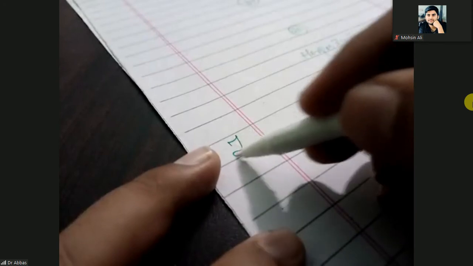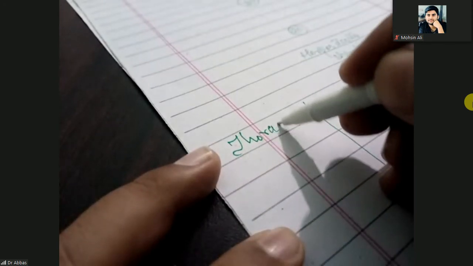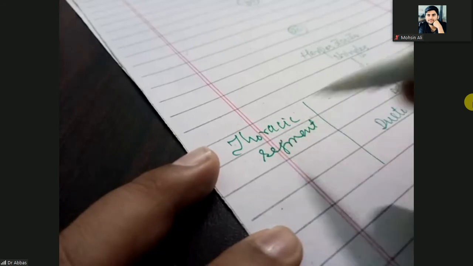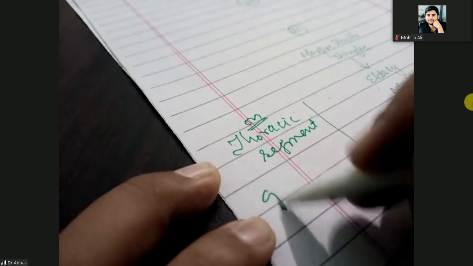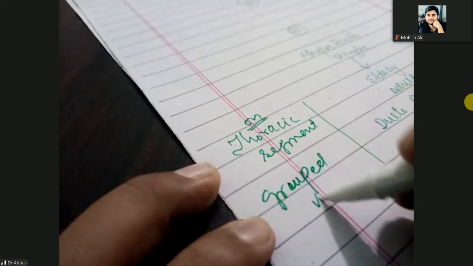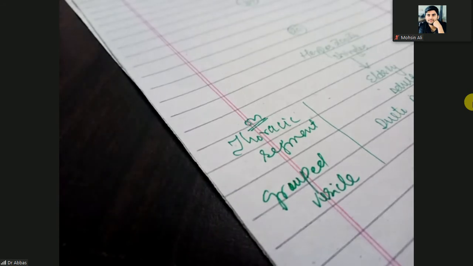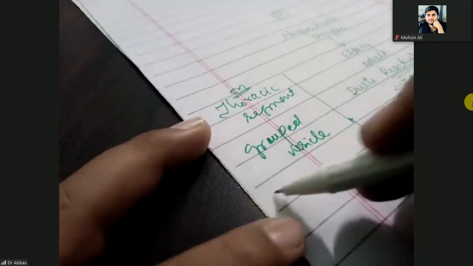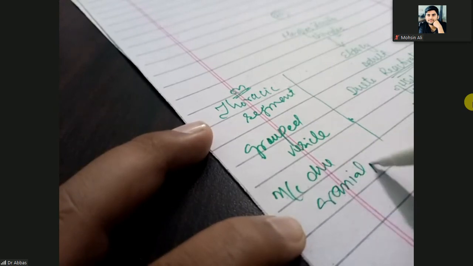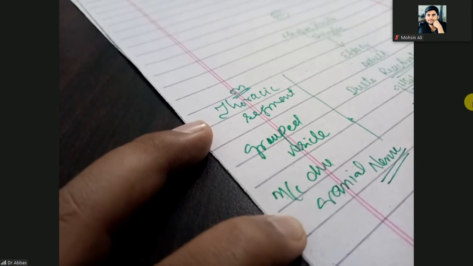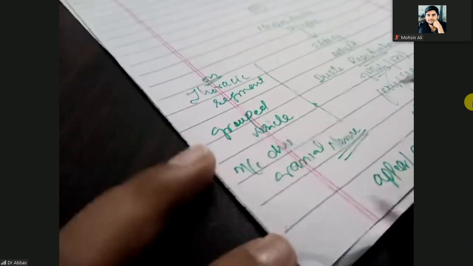The most common segment involved is the thoracic segment, with grouped vesicles. On the thoracic segment there will be grouped vesicles. Most commonly these are due to cranial nerves, and the most common cranial nerve is the trigeminal nerve.